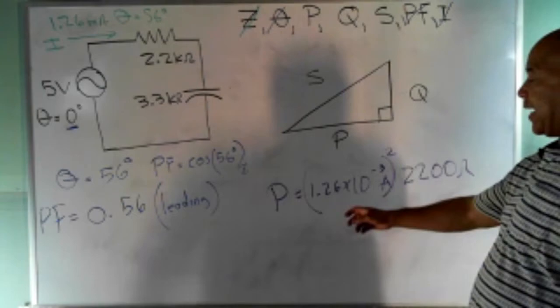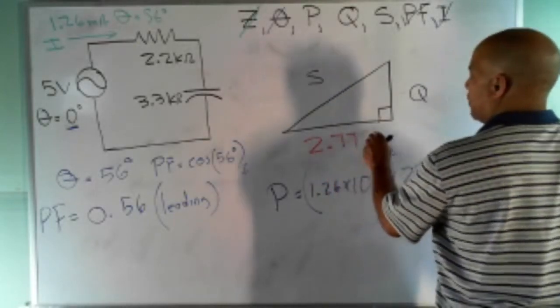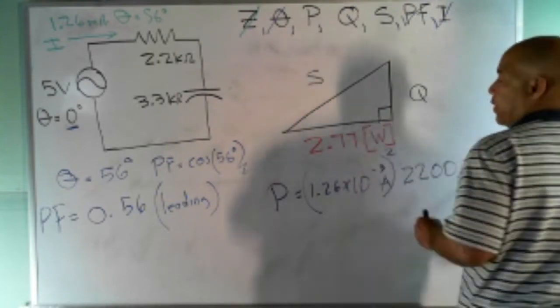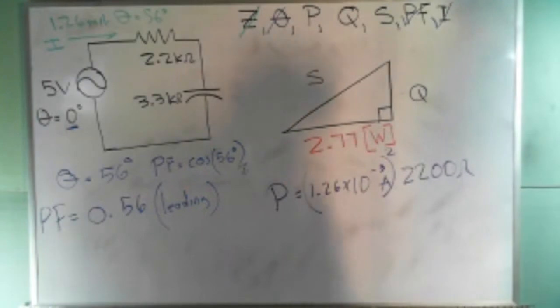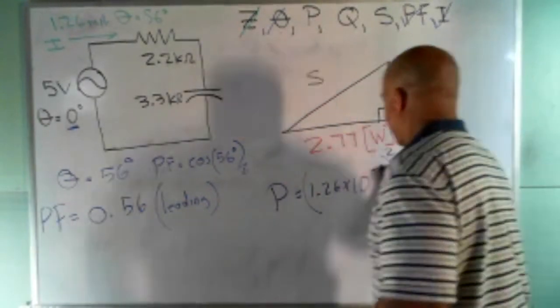I got 2.77. Okay, so this will be watts. 2.77 watts. And then let's get Q the same way.